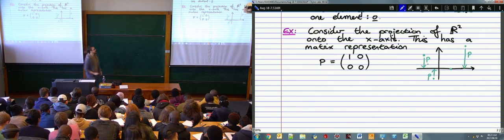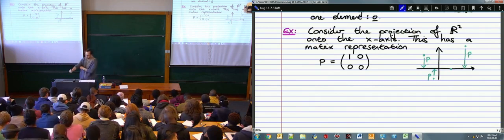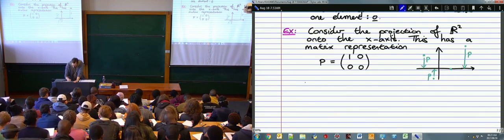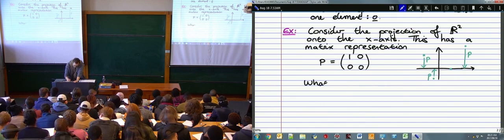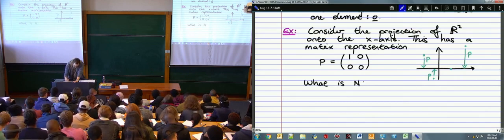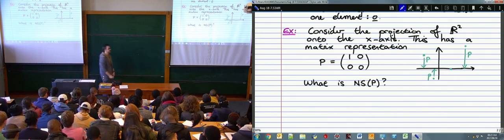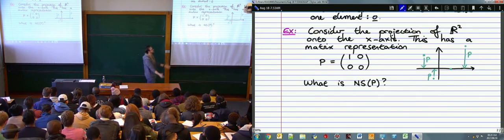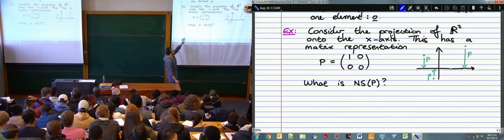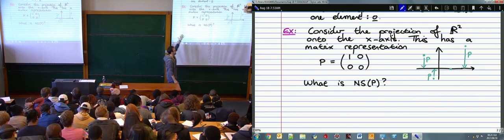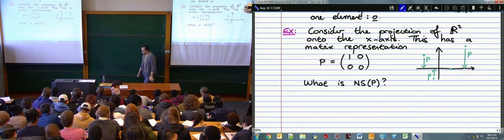Right. So the question is, what is the null space of this transformation? So think about that for a minute. If you want to write it down, you can write it down. If you just want to describe it in words, you can do that as well.